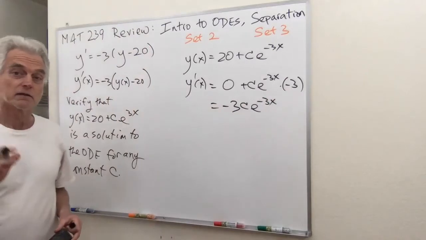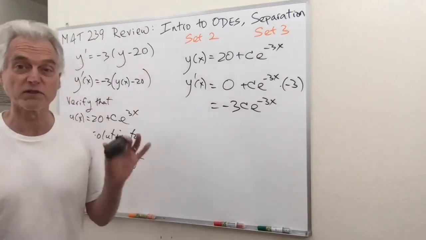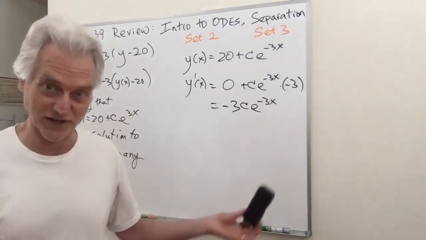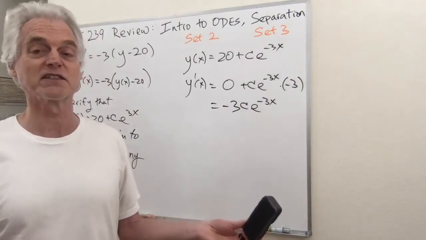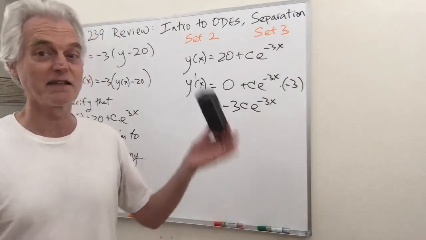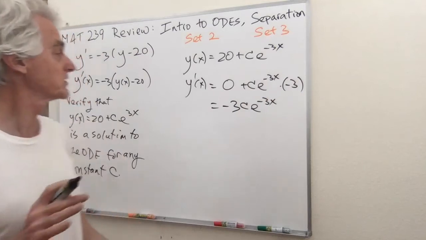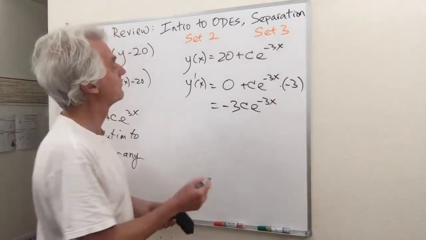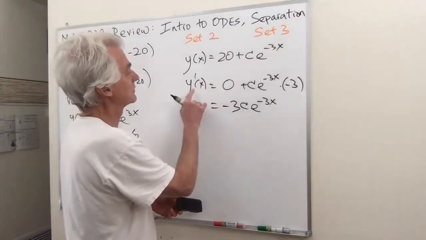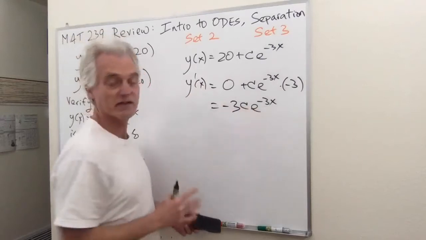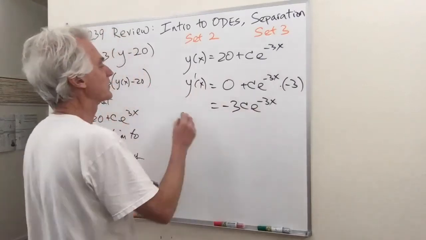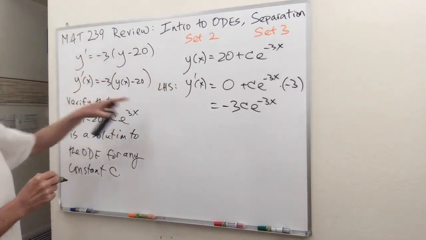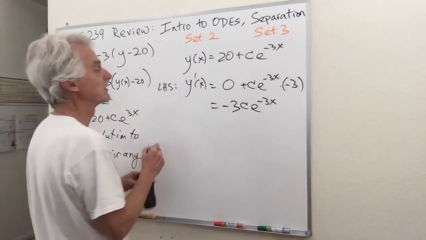I didn't talk about set 1, the review of calculus. But in the review of calculus, you have to know how to differentiate in order to do differential equations. And in particular, you've got to know the chain rule really well, forwards and backwards. Hopefully you can just go right from here to here and bring down the minus 3. So this is the left-hand side of this differential equation when I plug in that function.